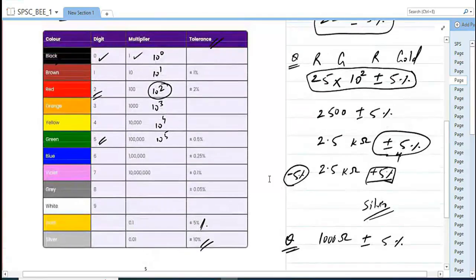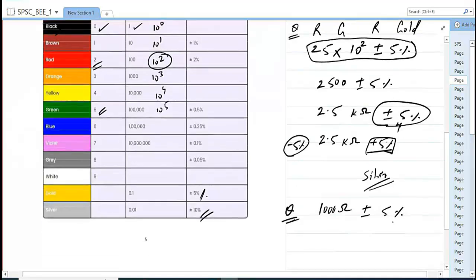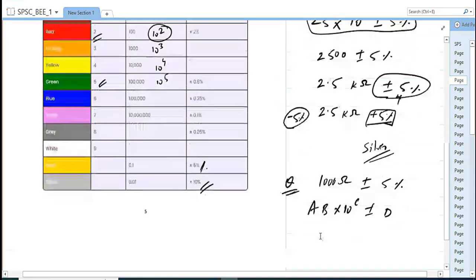Now start watching this table. Write the formula first: A B into 10 to the power C plus minus D. In place of D, gold is there.